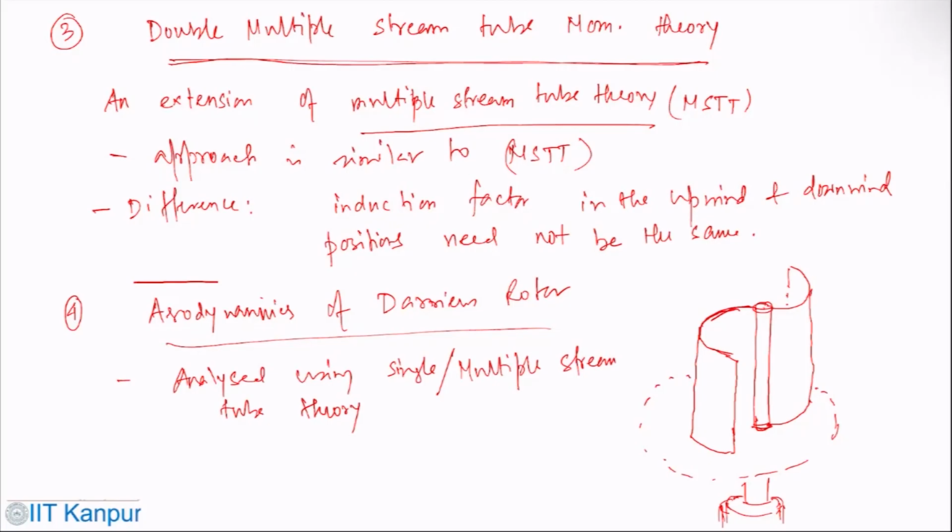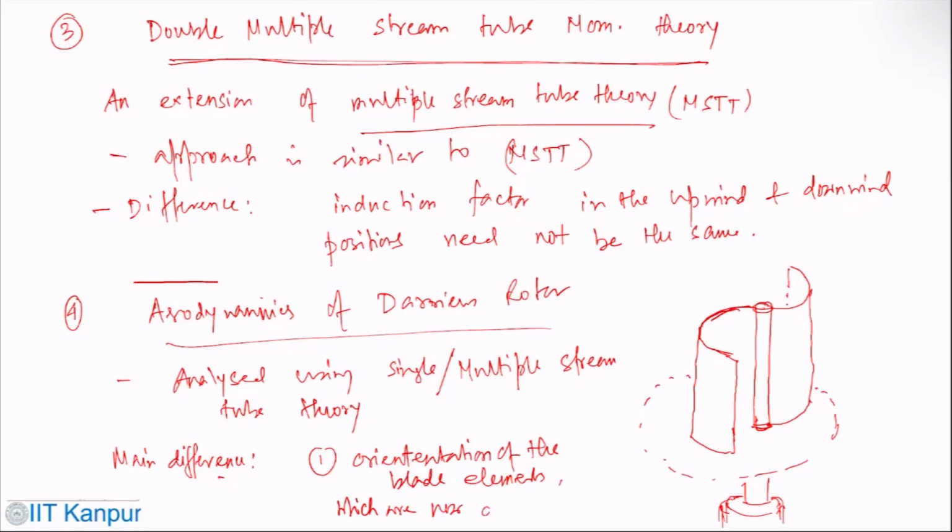The main difference here is the orientation of the blade elements, which are now different from one another, whereas in the analysis that we have carried out, it is more like a single straight blade.